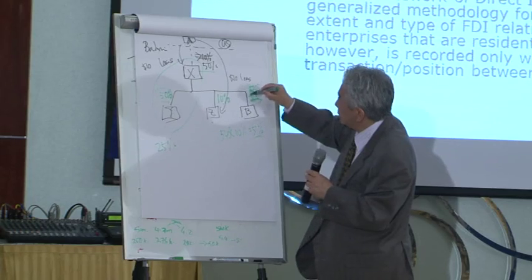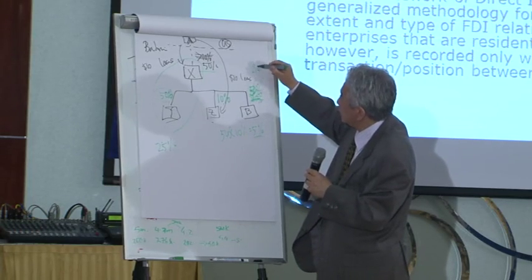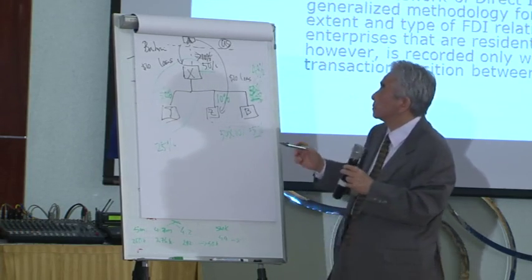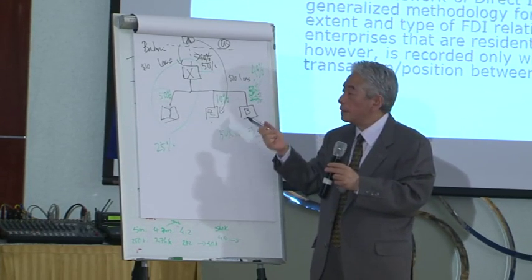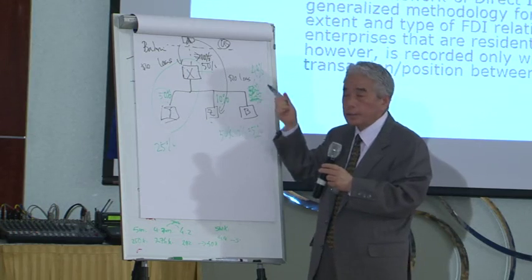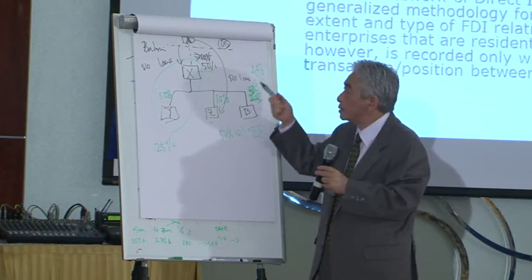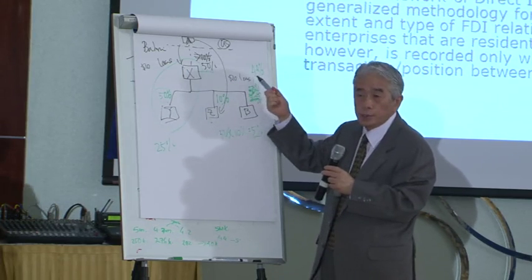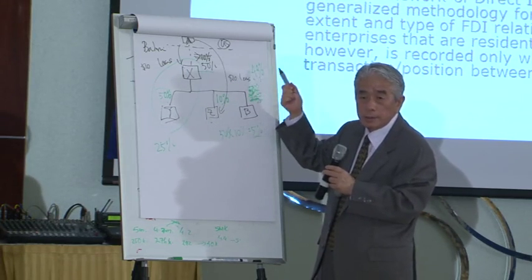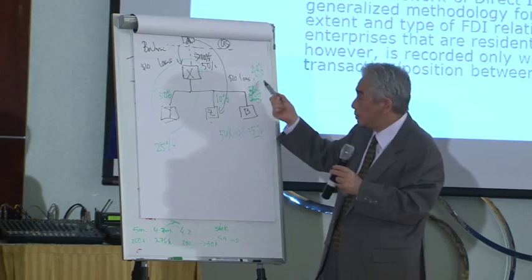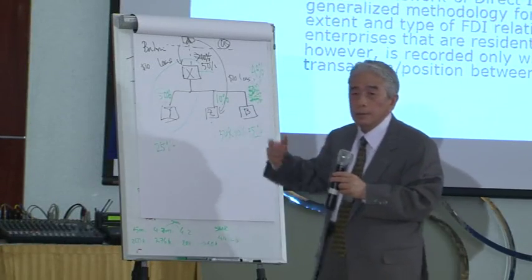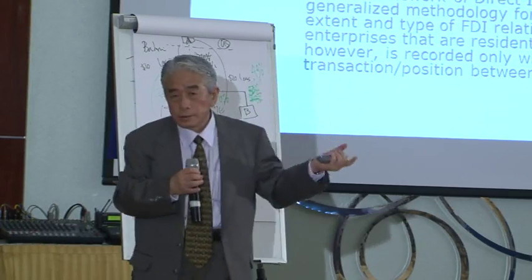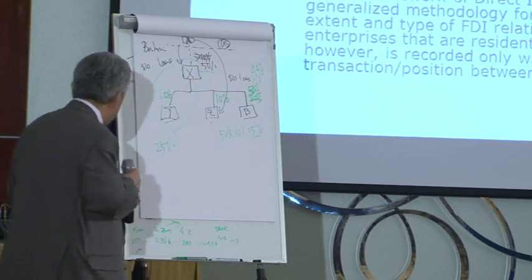But for example, not 50, but 40%. Then this is less than a majority. Therefore, B is not included under the EU method. But under the US method, 50 times 40 is 20%, so it is included. The EU method does not include it. It's a bit confusing depending on the methodology used.